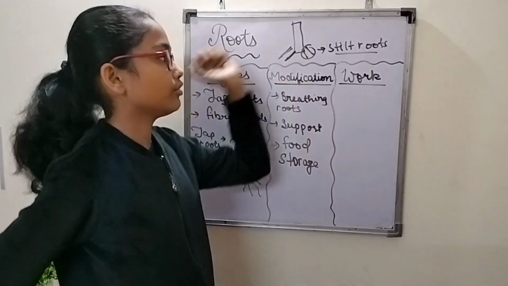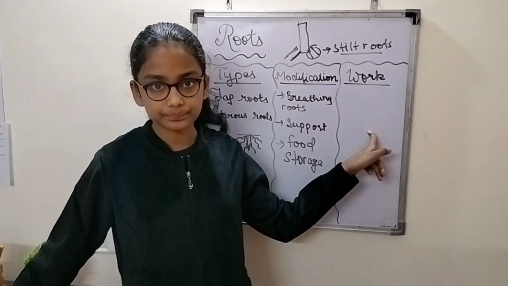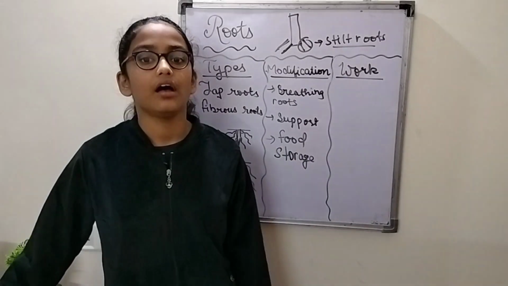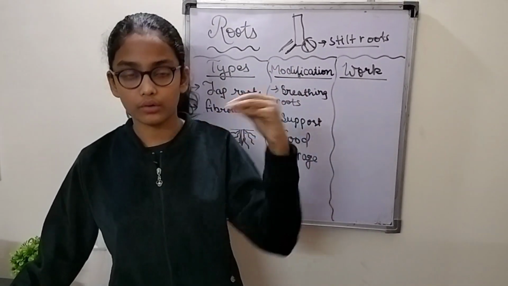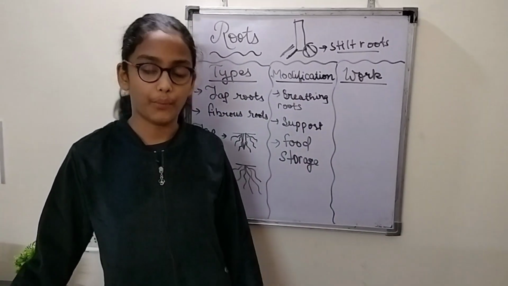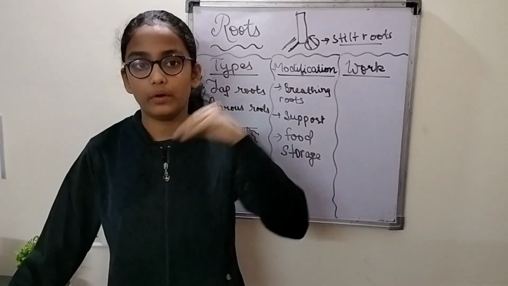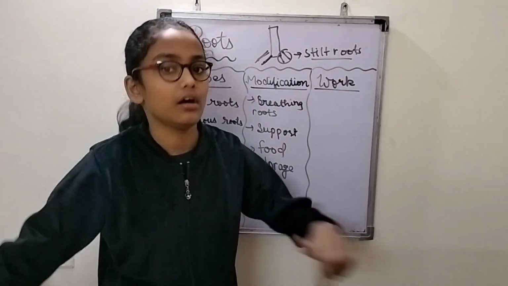Now, what is the work of the root? Let me give you an example. If you plant this plant and give water to it regularly, at the intervals the plant requires, then when you give water to the soil, how does it go to the different parts of the plant?